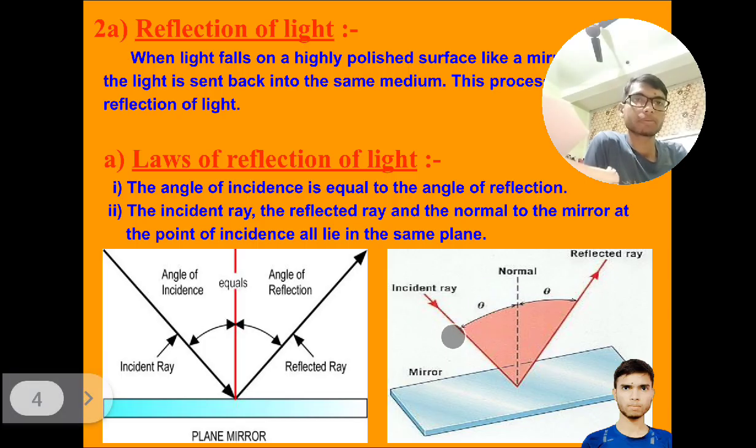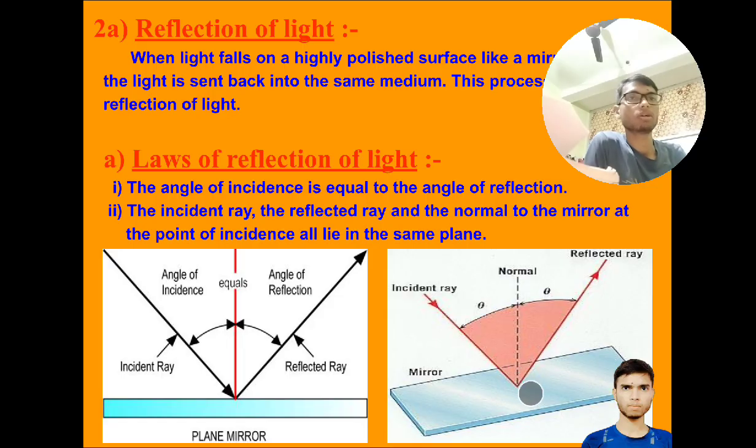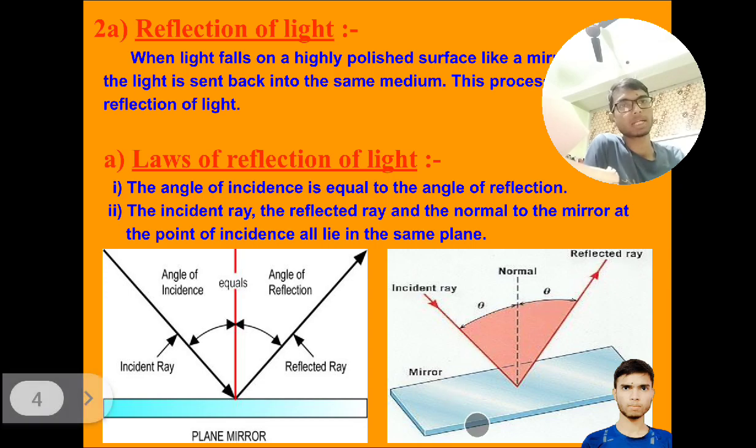Now what is happening in this figure? In this figure, this is the normal line, this is the incident ray, and this is the reflected ray. Light is coming in this direction. It hit this surface. Then it turned into this direction, and this is a mirror. You know, behind this mirror is coated.